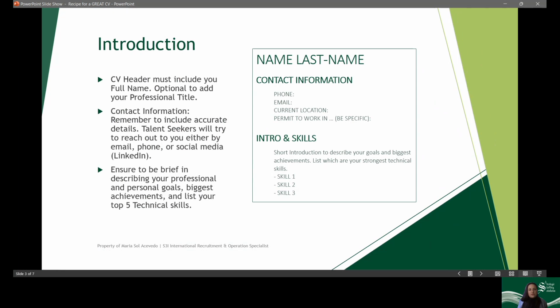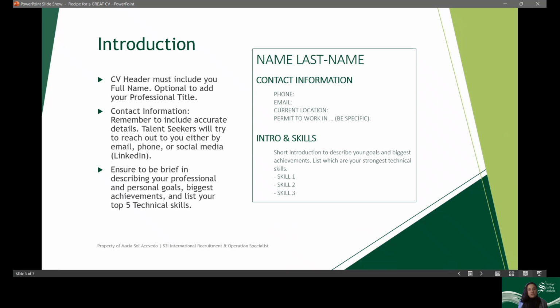Going into detail about the introduction, so we are going to have our header, which will have our name, our last name, optional to have a job title if you feel it's relevant or important to have. And then we are going to add our contact information, mostly a phone and email. If you have a social media link, that would be great, such as LinkedIn or Facebook.